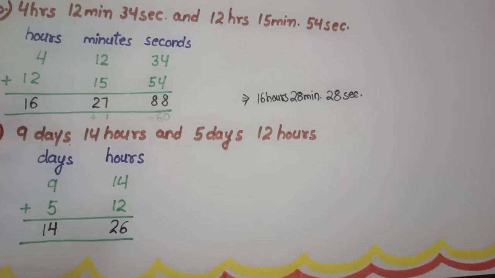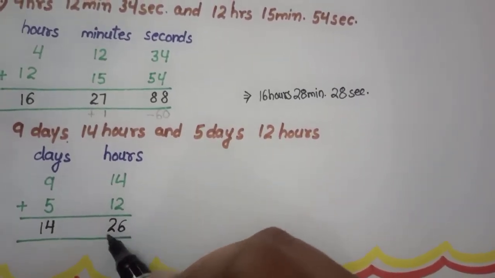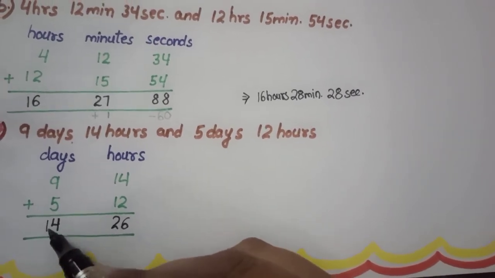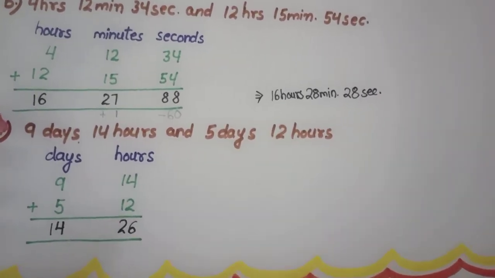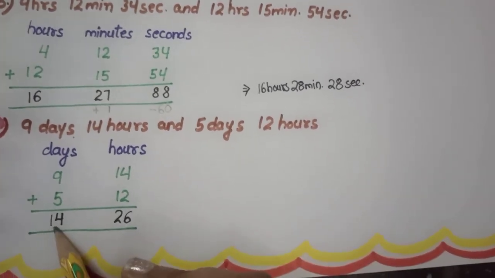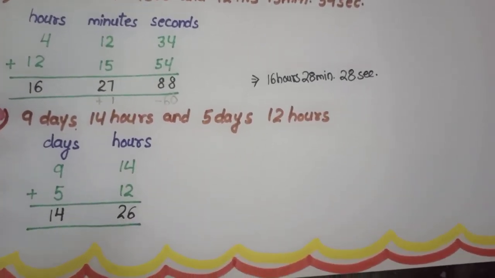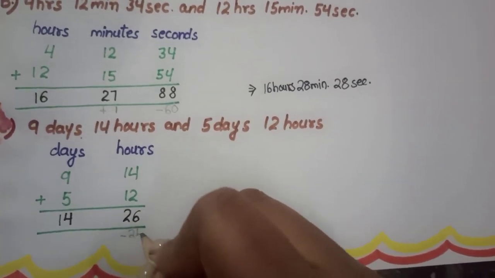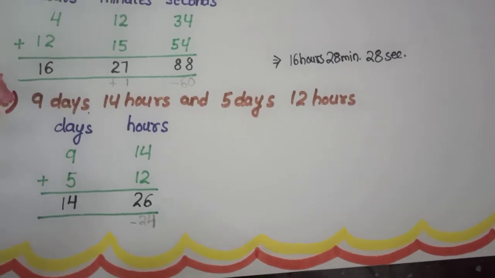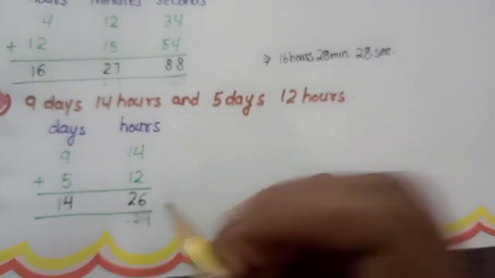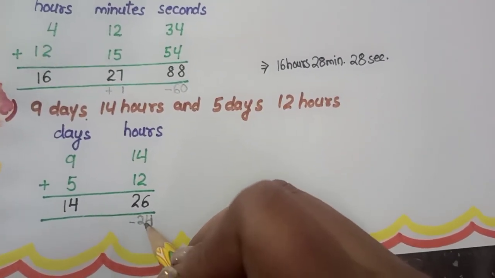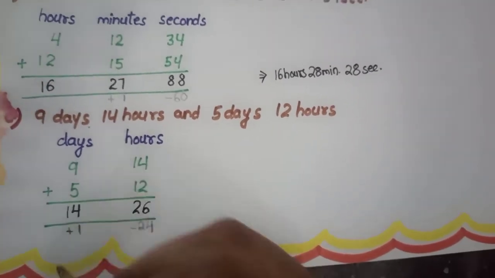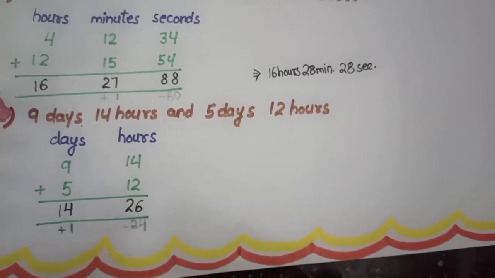Now let us first check whether we can subtract something from here and give something to this part or not. Yes, in one day we have 24 hours and it is more than 24, so I can easily subtract 24 from here. Subtracting 24 from here will give 1 carry to this number, right? Because one day has 24 hours.